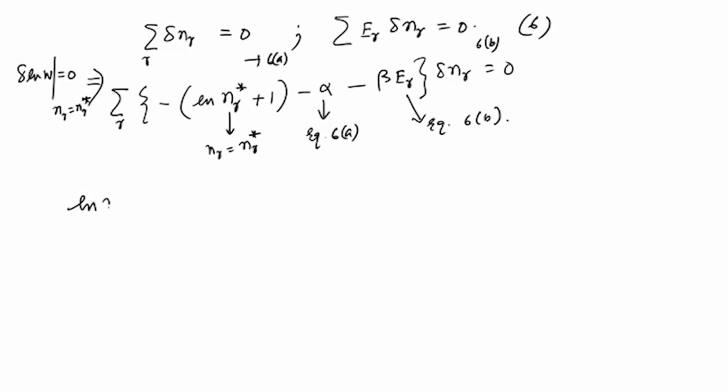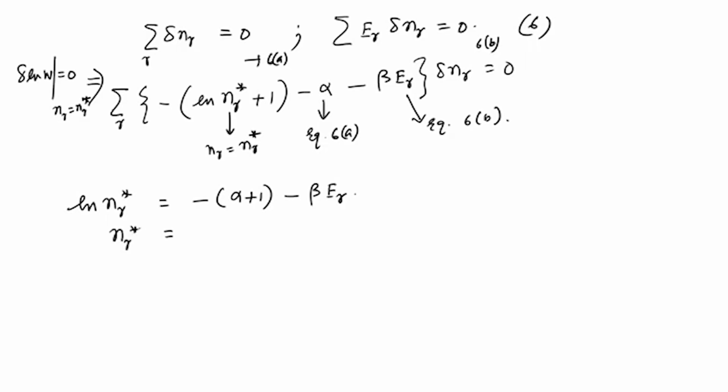So we write this as log NR star equals minus alpha plus 1 minus beta ER. This alpha plus 1 can be taken as a new constant, and we can write it as alpha prime, but there is nothing sacrosanct about alpha and alpha prime. So we will keep writing it as alpha.